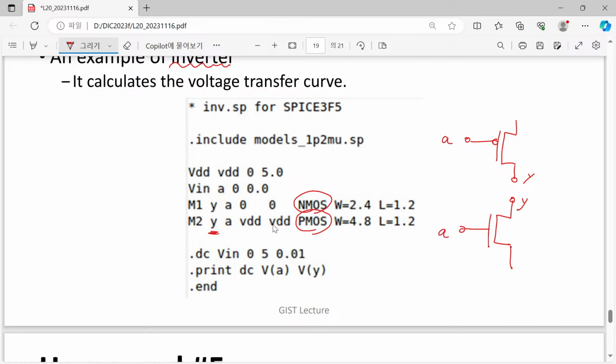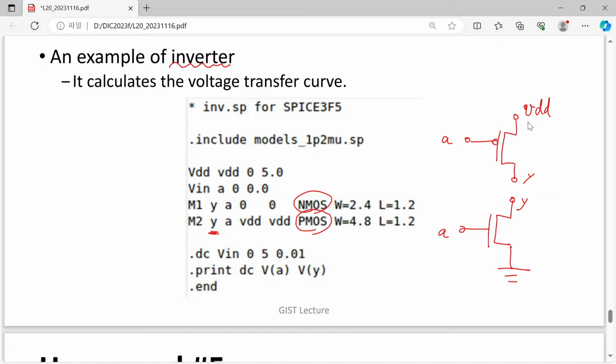In the case of the N MOSFET, its source is grounded, and in the case of the P MOSFET, its source is connected to VDD. What is VDD? Is it a reserved word for anything? Actually, no. There is no reserved word like VDD. This is just an ordinary node. After that, they have the specification about the size.